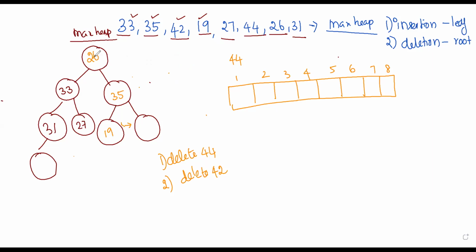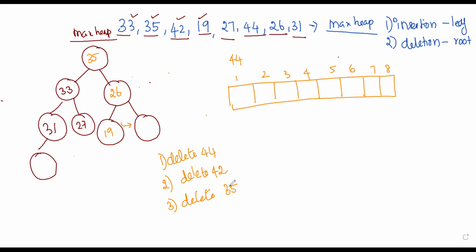It's not a max heap, so replace it with the biggest child. 35 is the biggest, so swap it, and 26 goes down. Now check with its children. It has only one child and it is greater, so it is a max heap.